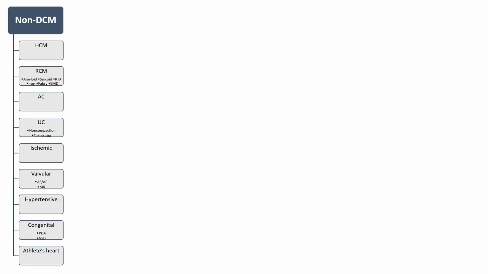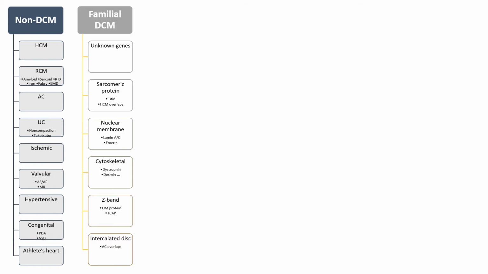So the approach could be as follows. First, we would want to consider the non-dilated cardiomyopathy entities such as hypertrophic, restrictive, arrhythmogenic, unclassified, meaning non-compaction or Takotsubo, ischemic, valvular, hypertensive, congenital, and even athlete's heart.